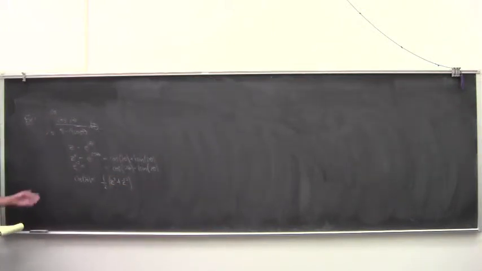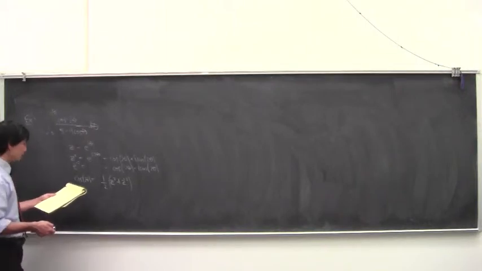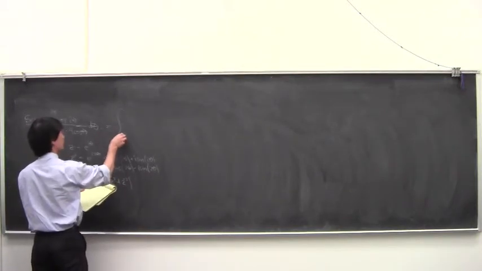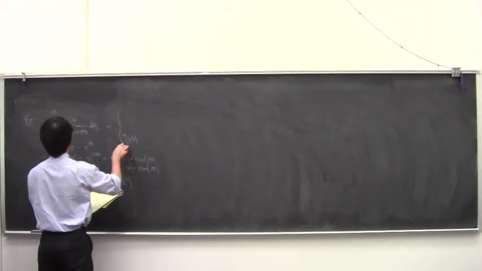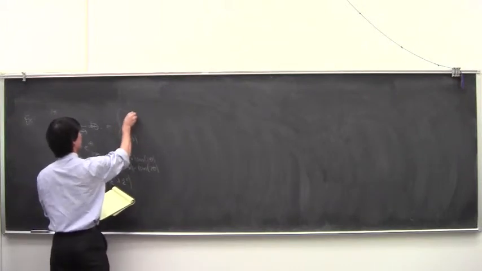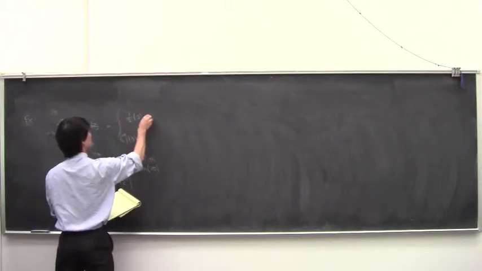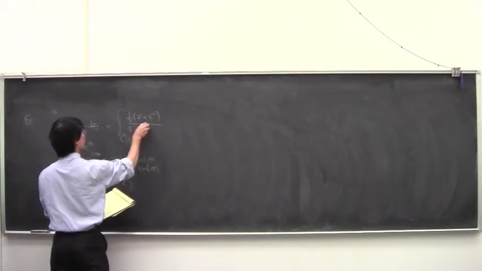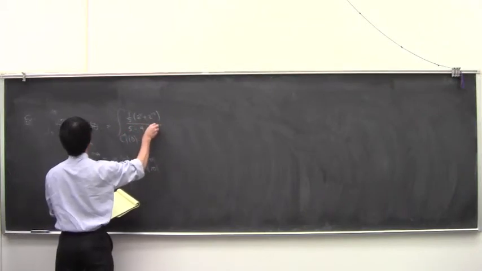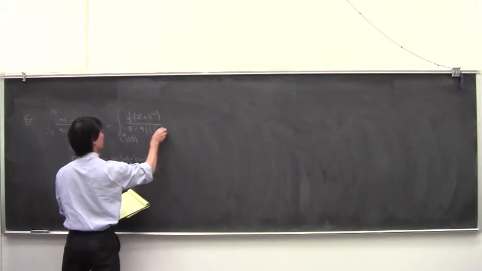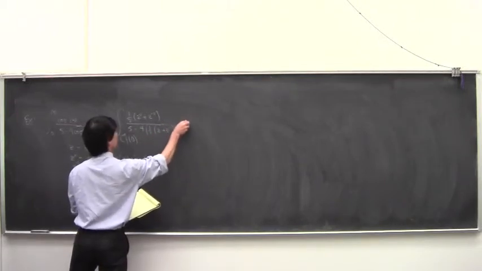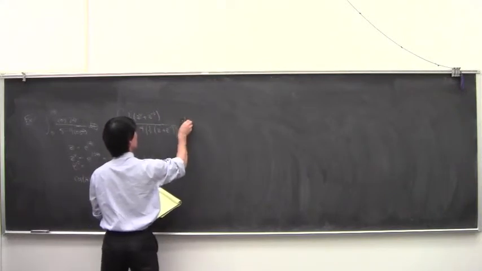You can do that if you don't remember. Okay, so same thing happens, right? You get 1/2 (z squared plus z to the minus 2) over 5 minus 4 times 1/2 (z plus z to the minus 1), dz over z.